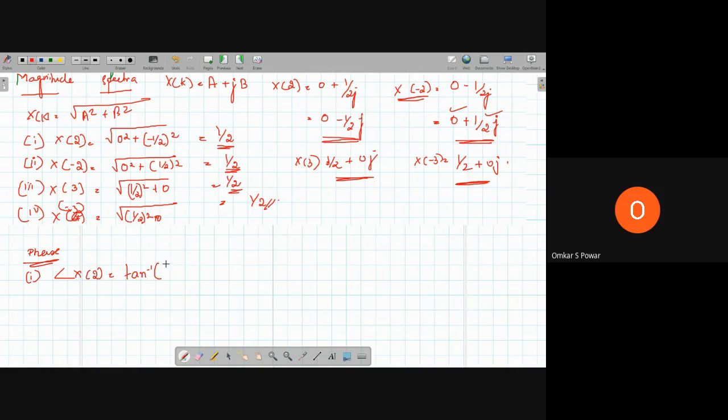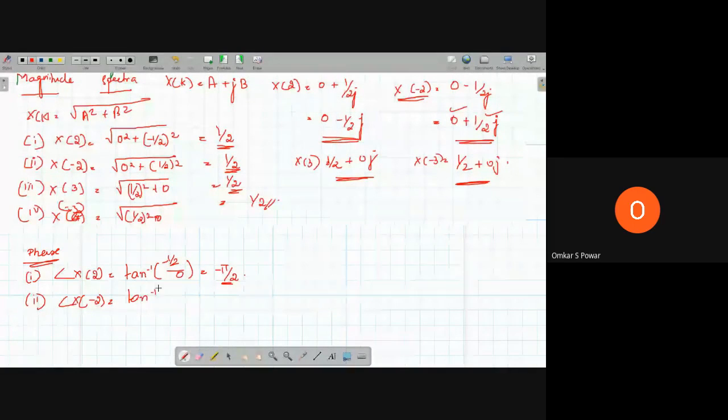So what is b? Minus half divided by 0, which is equal to, similarly like as previous, it is minus pi by 2. Then we want angle of x of minus 2, which is equal to tan inverse of 1 by 2 divided by 0, which is equal to pi by 2.